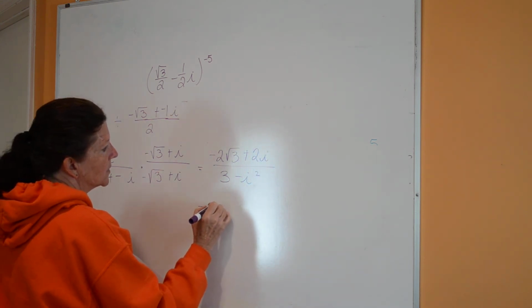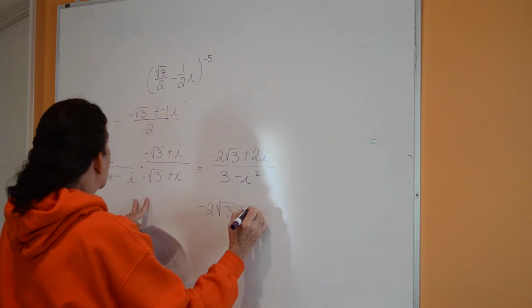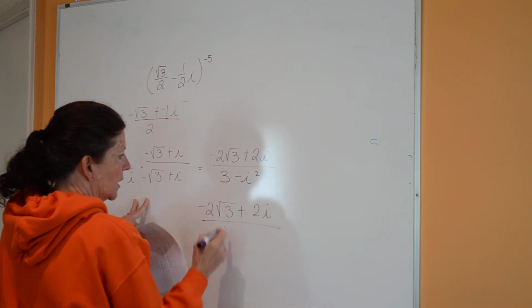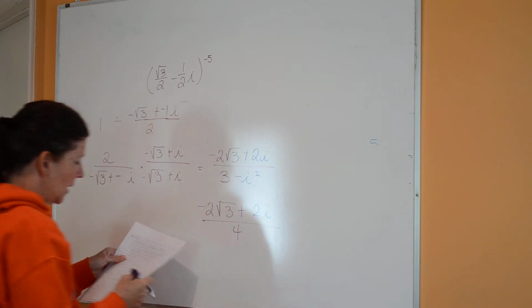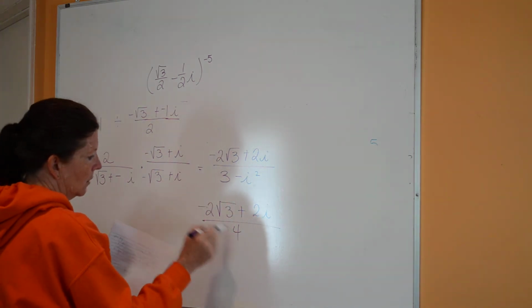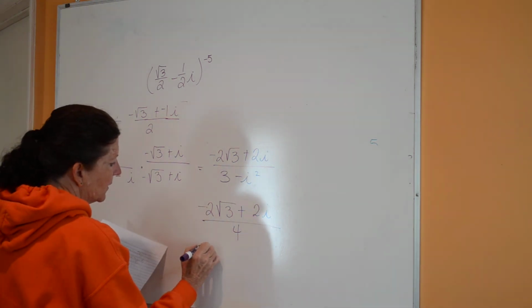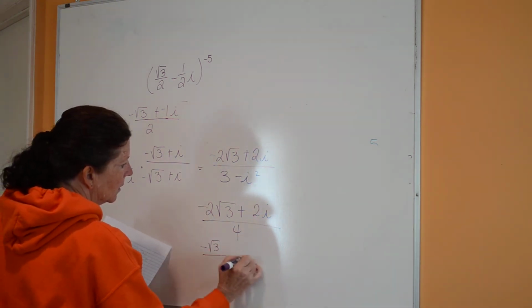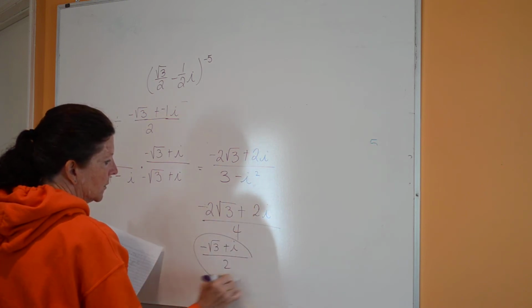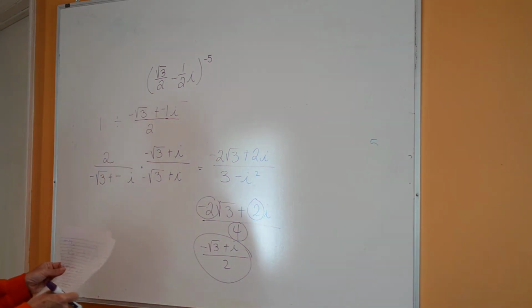So right now I have negative 2 square root of 3 plus 2i, and then on the bottom I've got 4. So I'm going to reduce this down by 2 over 4. That's going to give me 1 over 2, so I have a negative square root of 3, same thing here, plus i over 2. So I reduce by dividing that, and that, by 2.